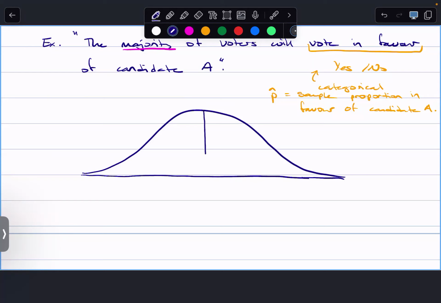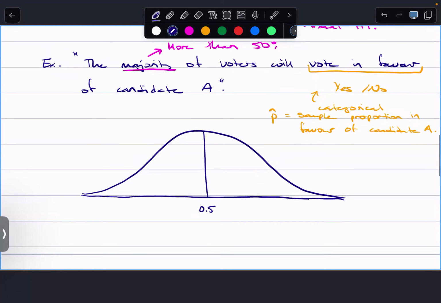In this scenario, 0.5, any sample proportion greater than 0.5 would be considered a majority.